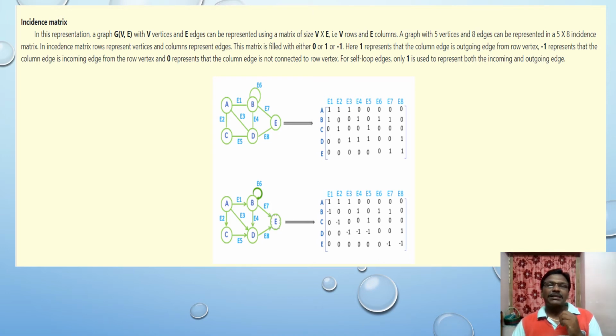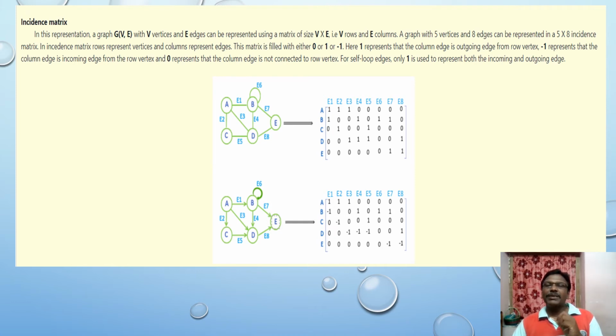This matrix is filled with either 0, 1 or minus 1. The previous adjacency matrix used only 0 and 1, but the incidence matrix uses 3 values: 0, 1 or minus 1.